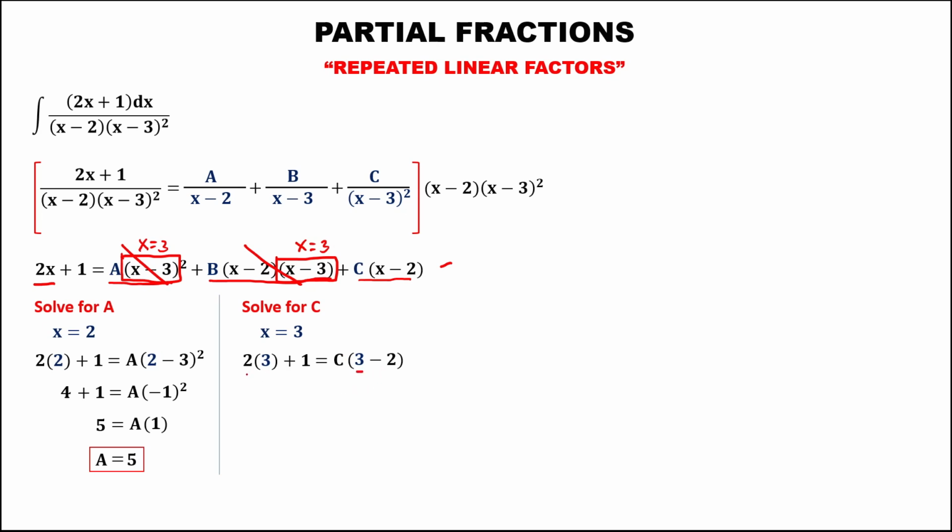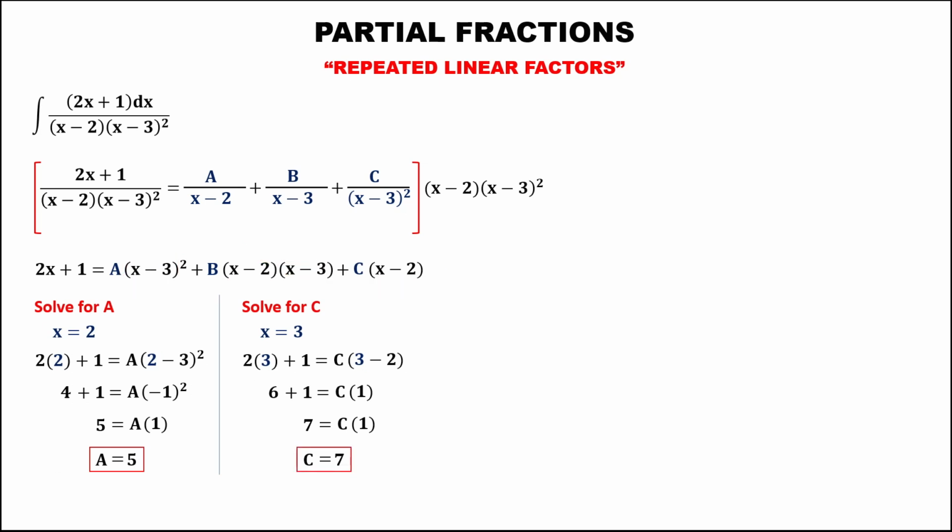To simplify, 2 times 3 is 6, plus 1, equals C times 1, since 3 minus 2 is 1. Then 6 plus 1 is 7, equals C times 1. Therefore, C is equal to positive 7.